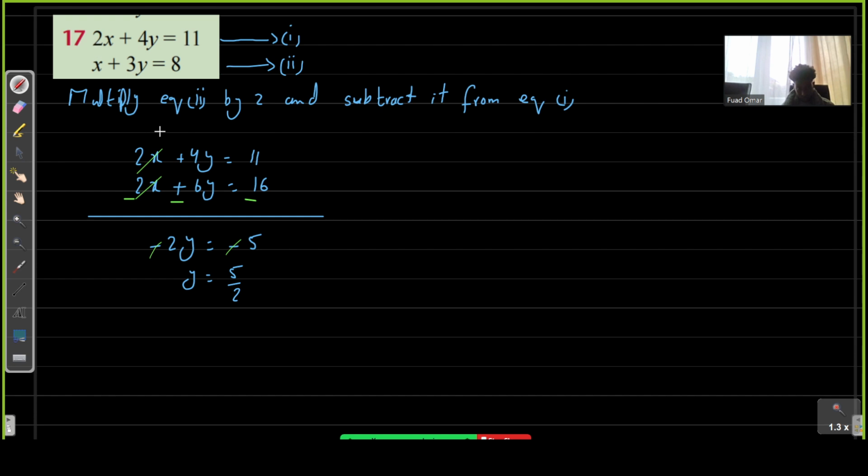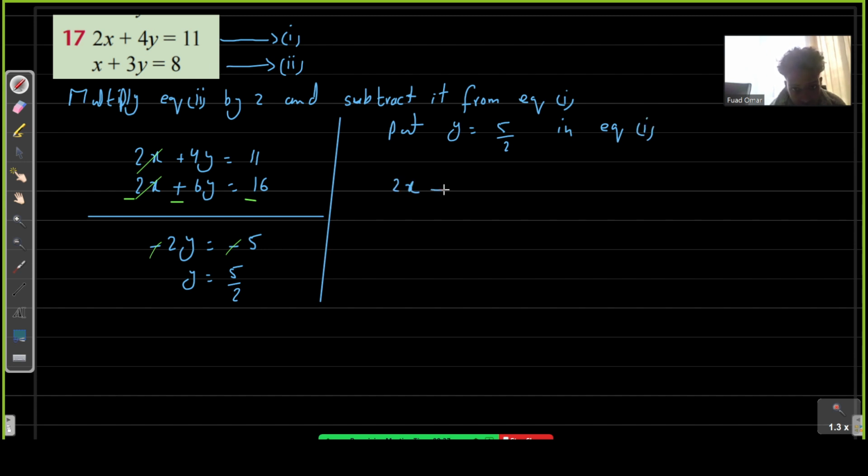Now I can put y is equal to 5 by 2 into any of the above equations to find the value of x. I'm going to put this in equation number 1.